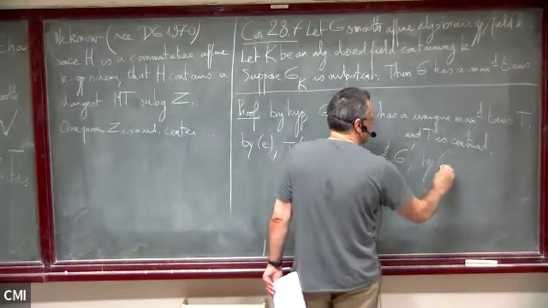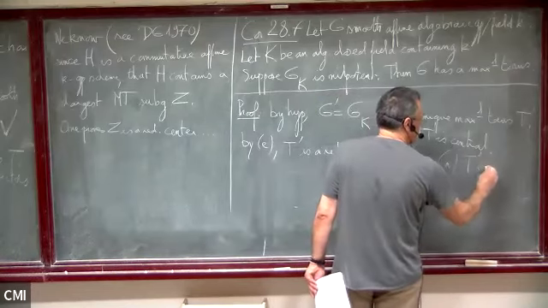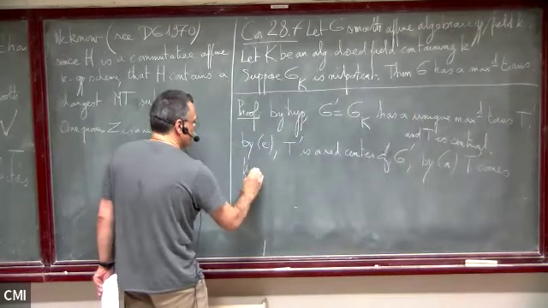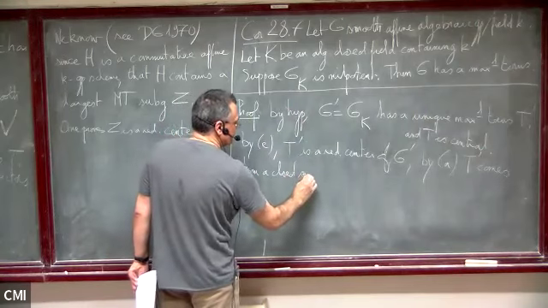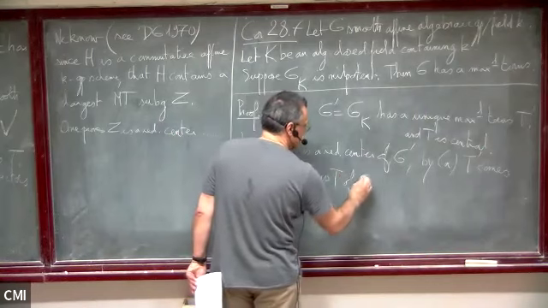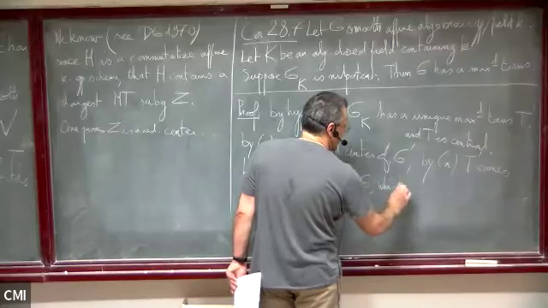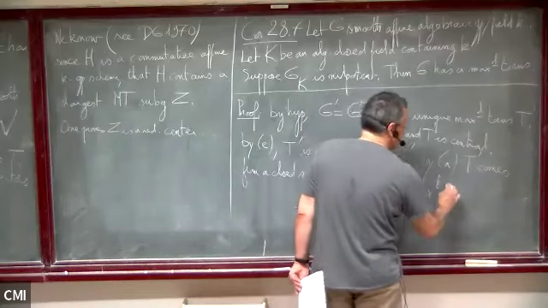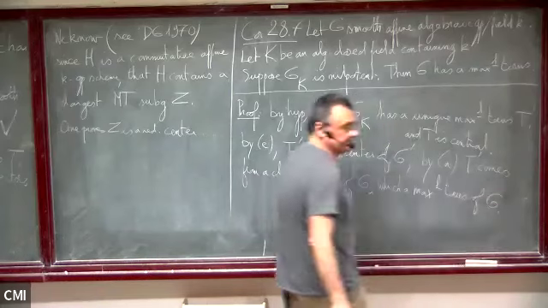And so by point A of the theorem, T prime comes from a closed subgroup of G, which is a maximal torus of G.